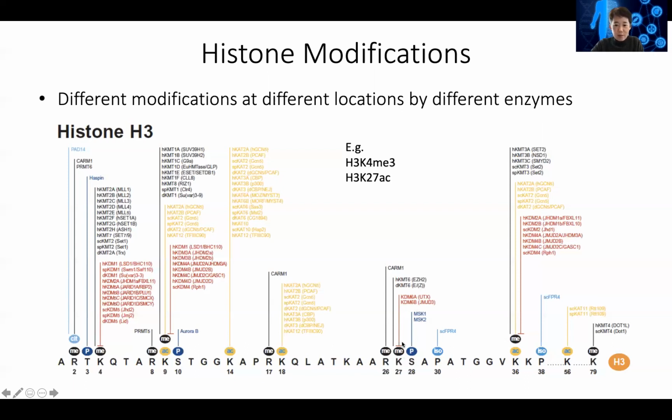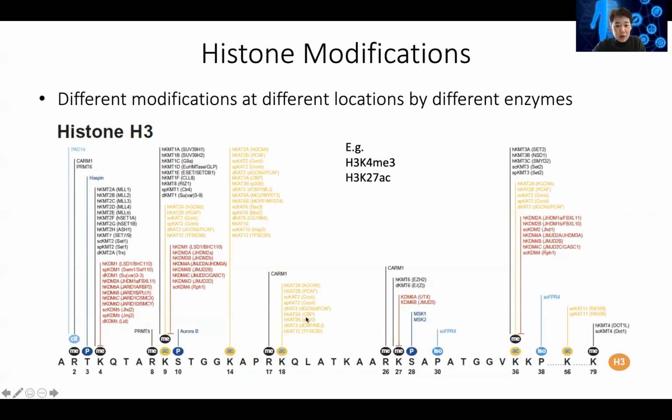Another one that's quite popular, not really indicated here, is lysine 27, which can be methylated but can also be acetylated. That would be called H3K27 acetylation. This will help you know how to read different histone marks.